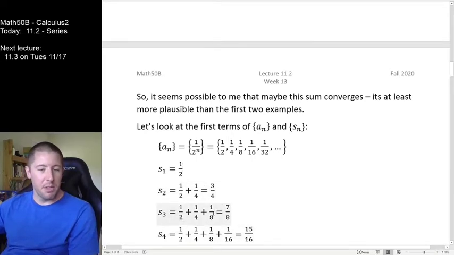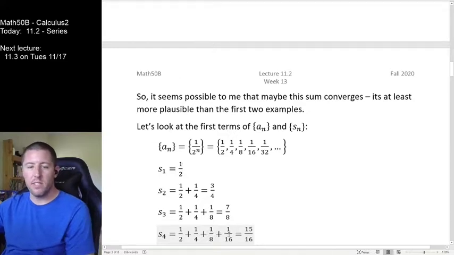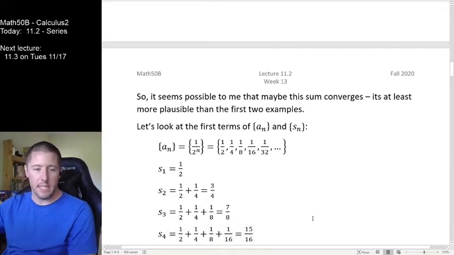I can do a similar thing here. Since this went out to 1/8, I want to get a common denominator of 8 for everything here. So that's 4/8 plus 2/8 plus 1/8 gives us 7/8 here. The fourth term in our sequence, a half plus a fourth plus an eighth plus a 16th, well, I can get a common denominator of 16ths. That's 8/16, 4/16, 2/16, 1/16. That'll give us a total of 15/16.